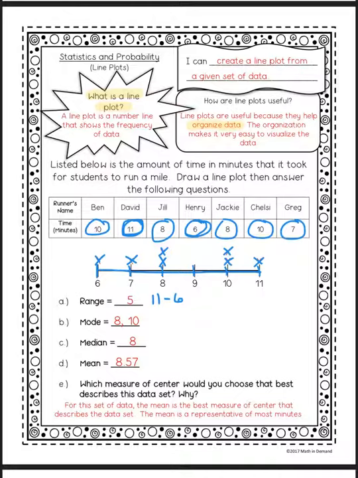The median is the number in the middle. Well, there were 1, 2, 3, 4, 5, 6, 7 pieces of data. So the middle number would be the 4th piece of data. There would be 3 pieces of data before the median and 3 pieces of data after it. So if I'm counting to find my median, 1, 2, 3, this would be the 4th piece of data.